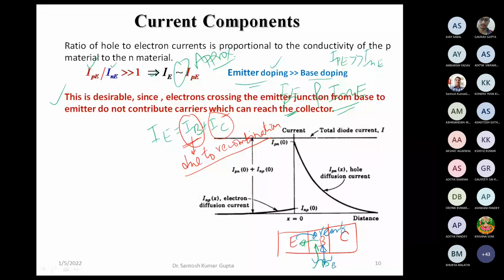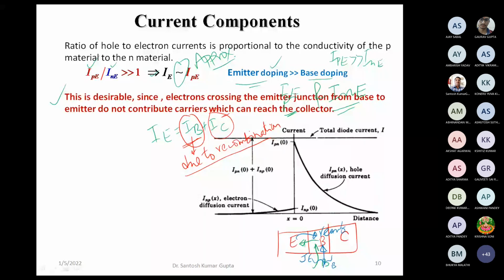So two things are happening at the base-emitter junction: carriers are being injected from the base into the emitter, and carriers injected from the emitter into the base are recombining, and because of this there is a supply of charge carriers from the base terminal. These two components are there.